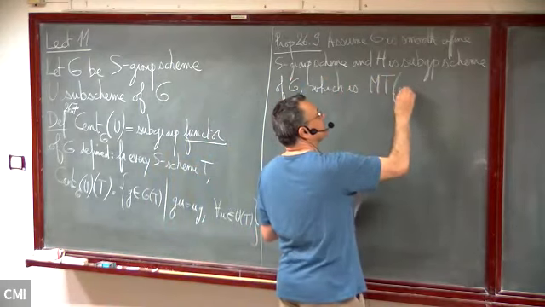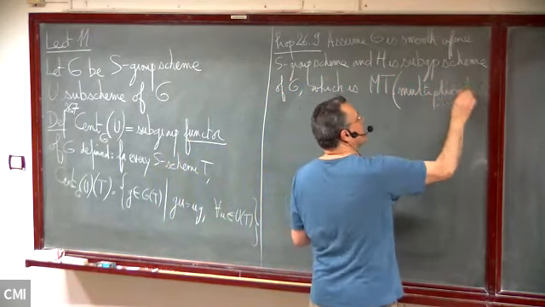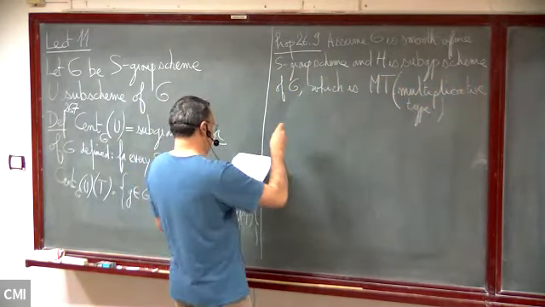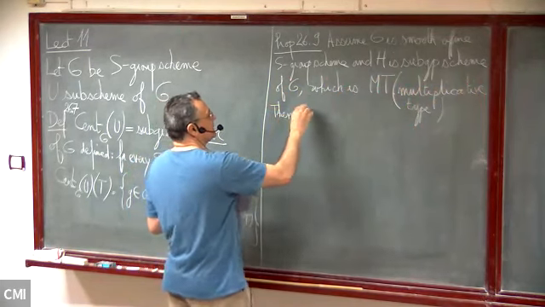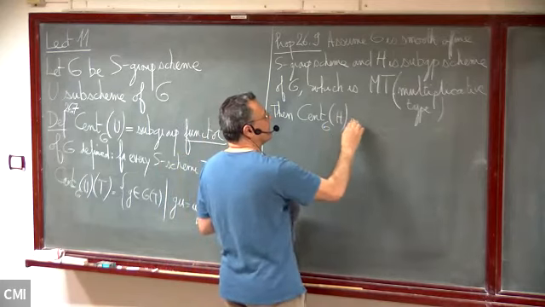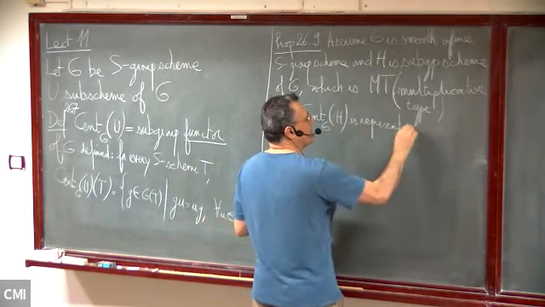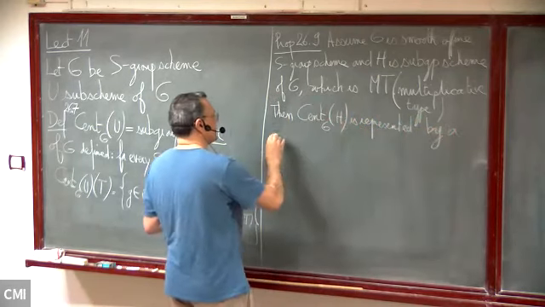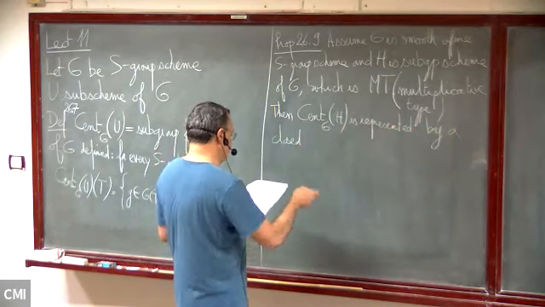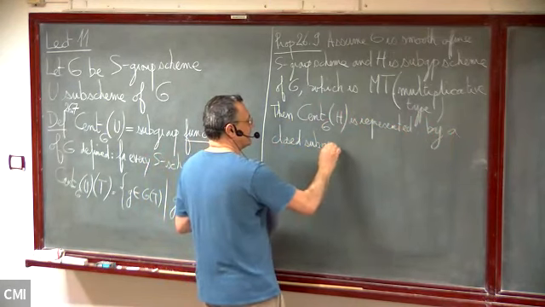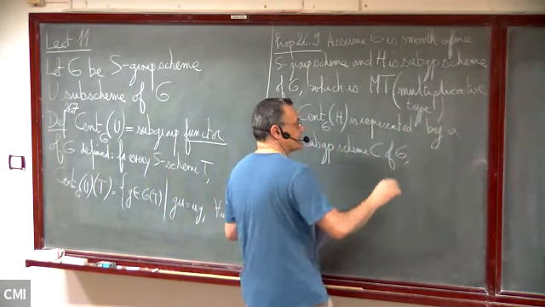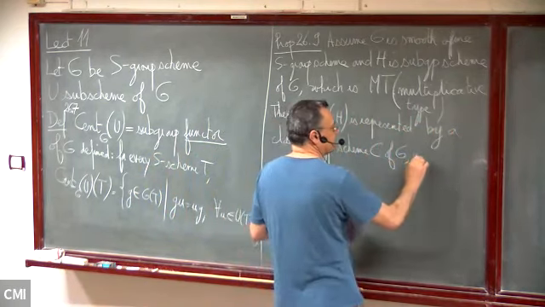MT means multiplicative type. Then the centralizer of H is represented by a closed subgroup scheme C of G, which is affine.